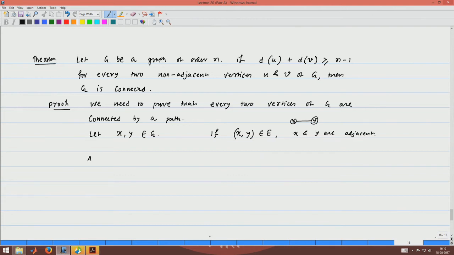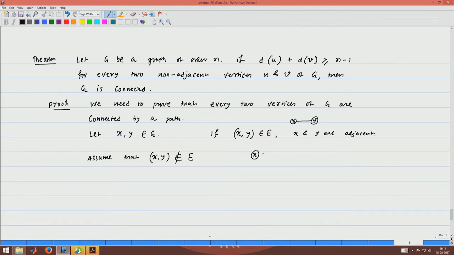So, assume that x and y are non-adjacent. That means there is no edge between x and y. Then, okay, let me draw the figure.